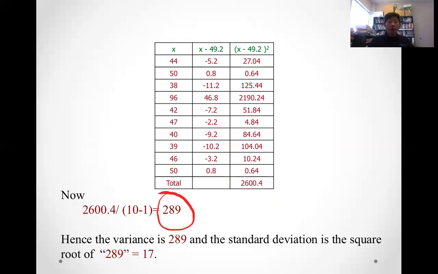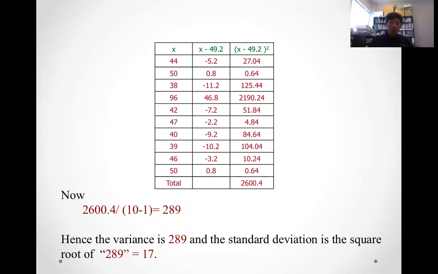This is called the variance. The variance is 289. Now we want to find the standard deviation. We take the square root of 289, which is the standard deviation, which is 17.